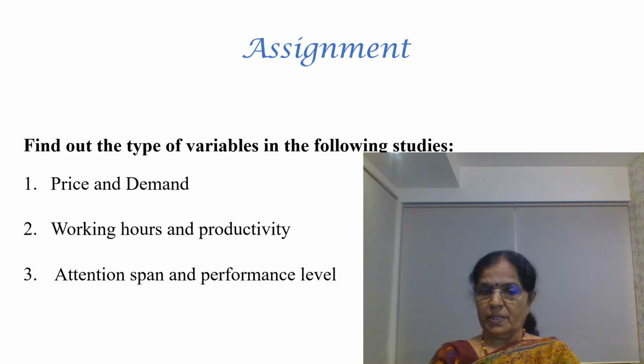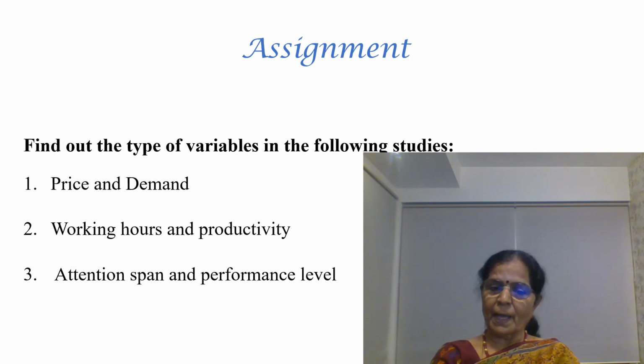So if it is not studied in this research, it becomes an extraneous variable. And poor teaching, the teacher's fault, will also affect the relationship between attention span and performance level. So that becomes another extraneous variable.